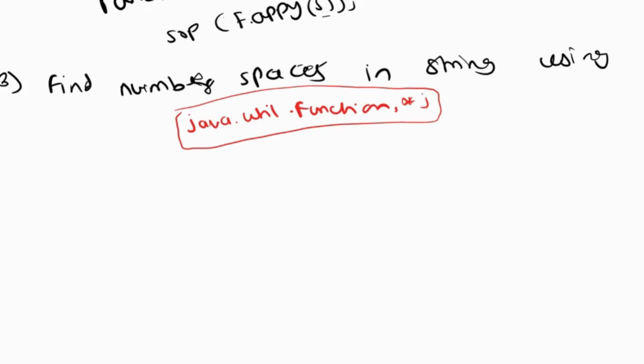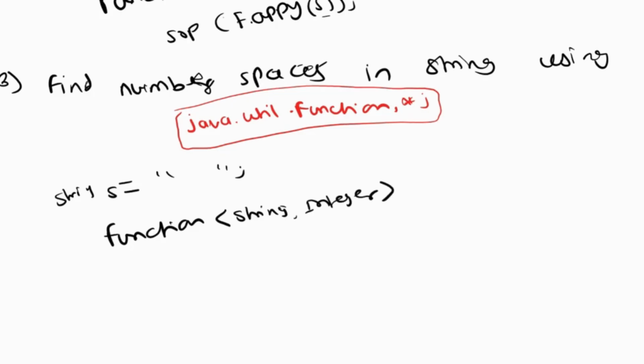Now let us jump into our example. Let me write the function. Again, you can take any string argument as you want, it's up to you. It will take a String as argument and return an Integer as output.